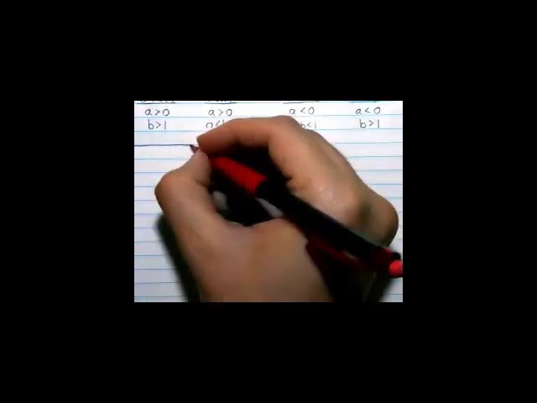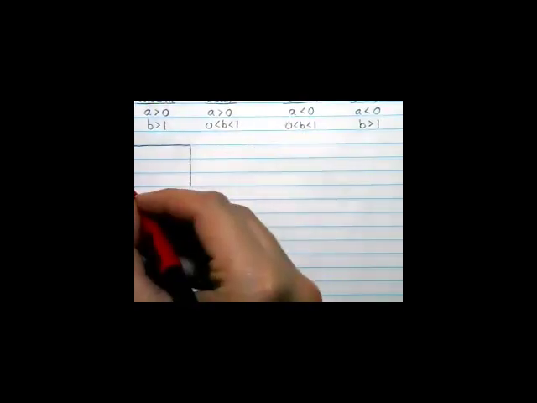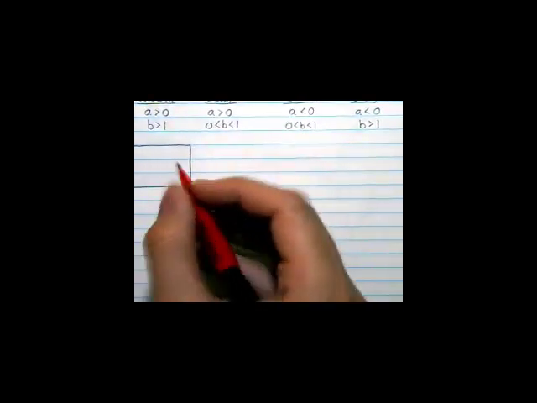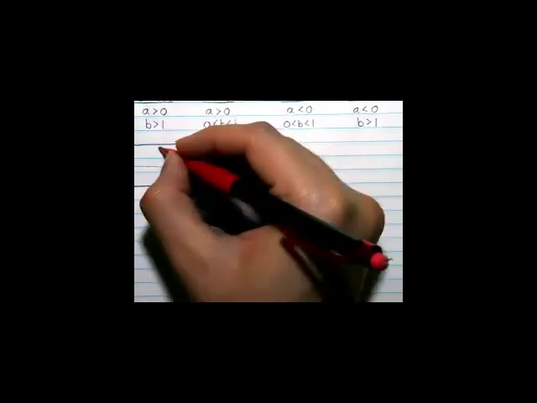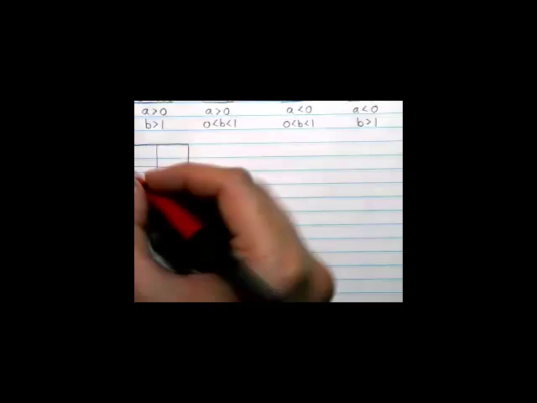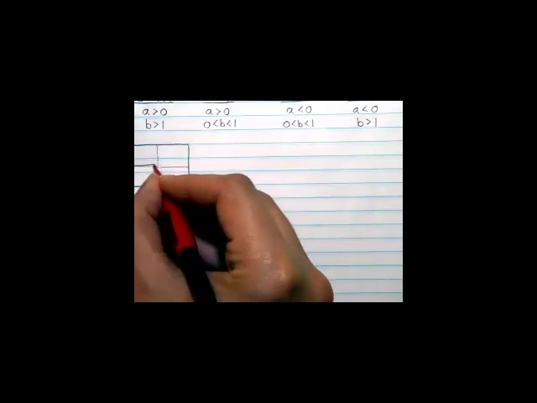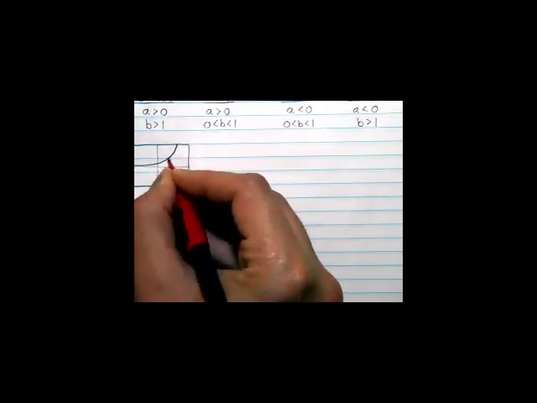Okay, so this first one, where your base is greater than 1, A is positive, that's going to create a graph just like the one we looked at with that example we did. It's going to do something like this.